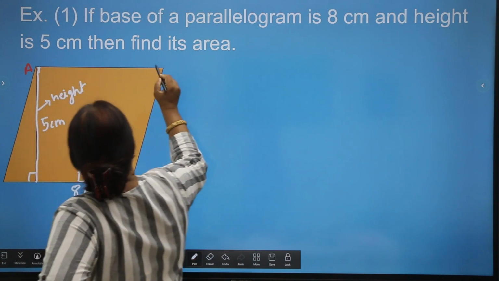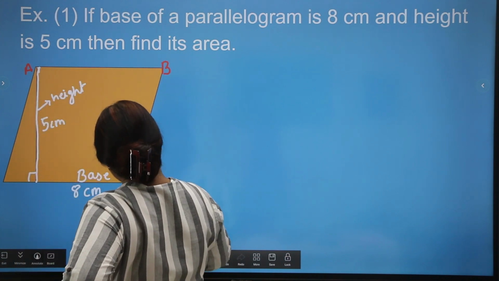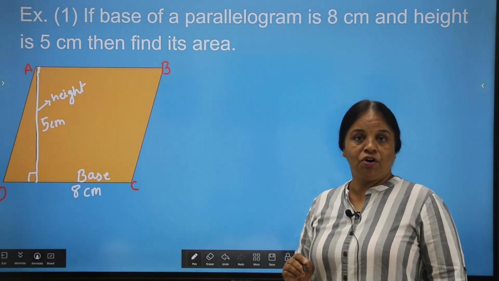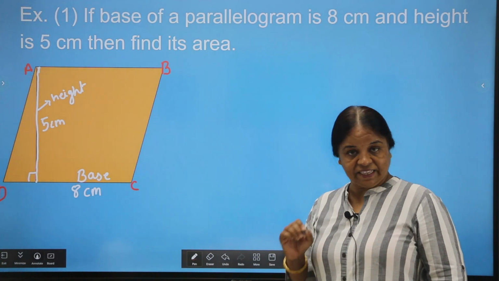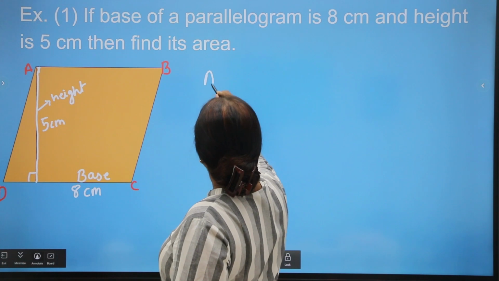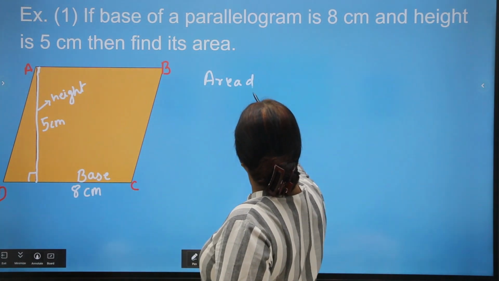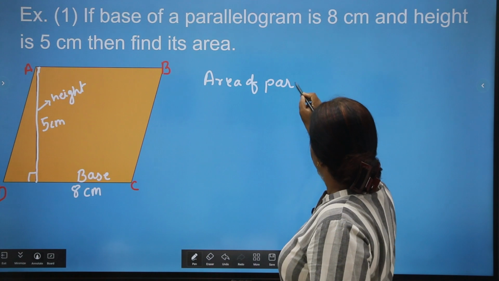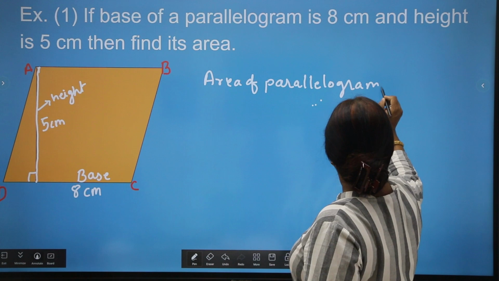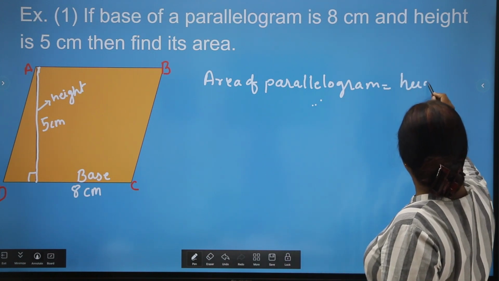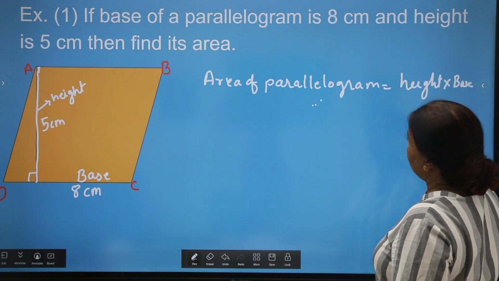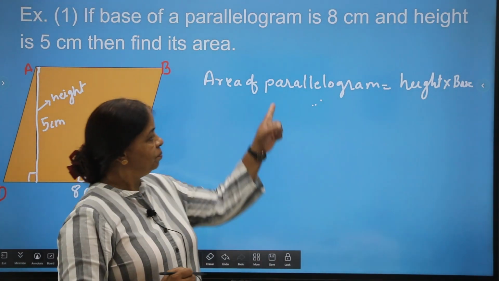A, B, C and D. We have learned the formula for parallelogram, and the formula is: area of parallelogram is equal to height into base. Area of parallelogram is equal to height into base, children.